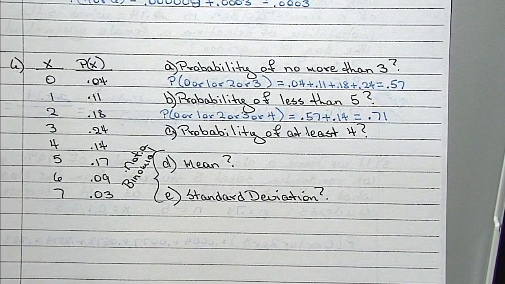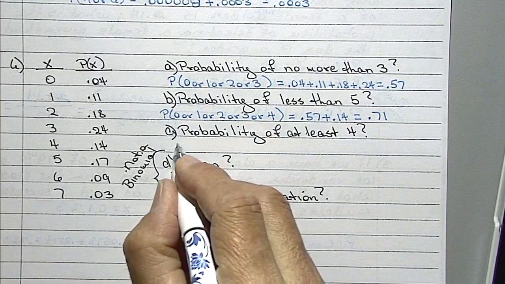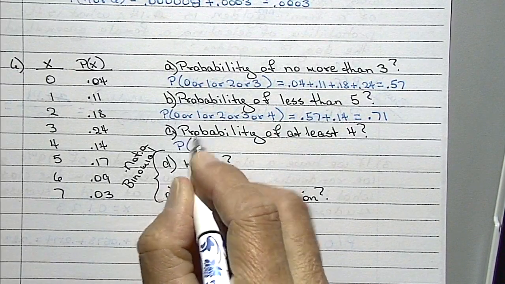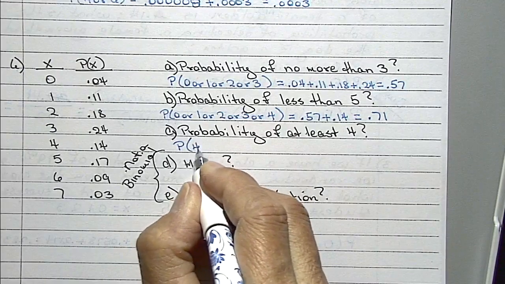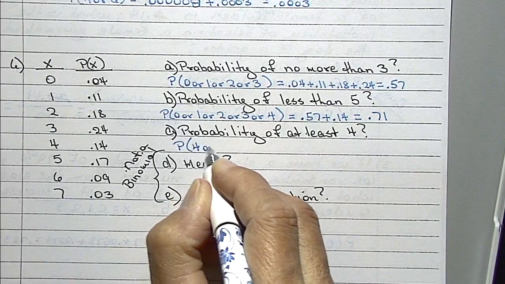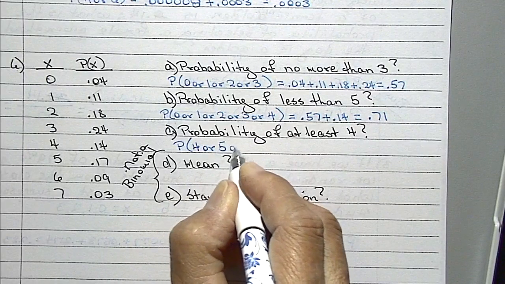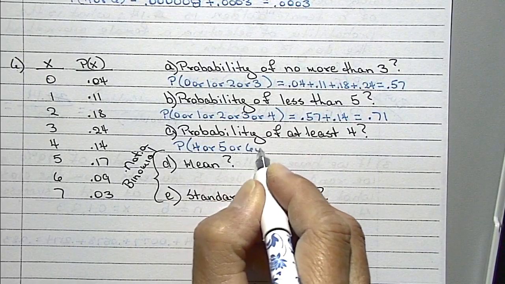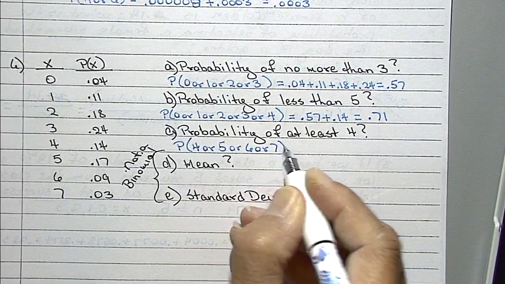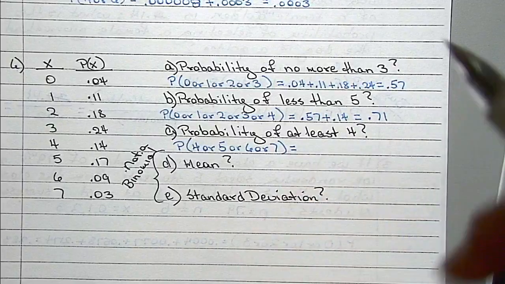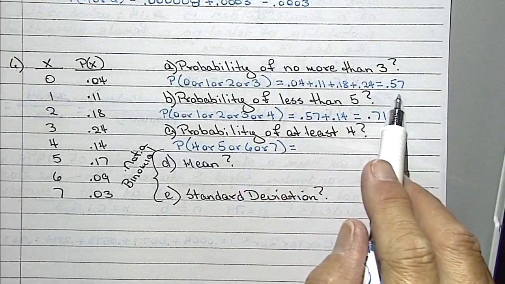Now, probability of at least 4. What you got to do is figure out what's included in at least 4. Well, is 4 in there? Yeah, and everything bigger than 4, right? So you can add those 4 together, or you can look at it this way.